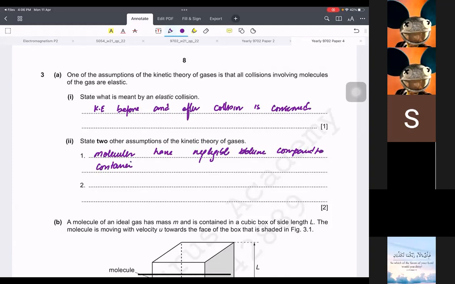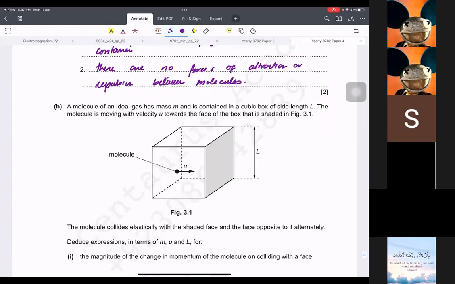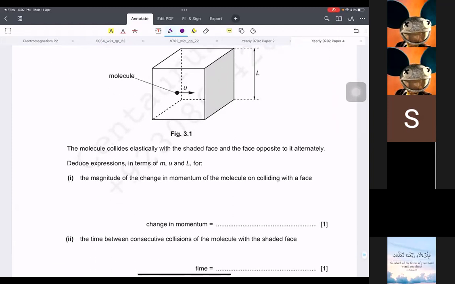You could also write that there are no forces of attraction or repulsion between molecules. Also, the time of collision is negligible compared to the time interval between collisions. Like that, you can write this.